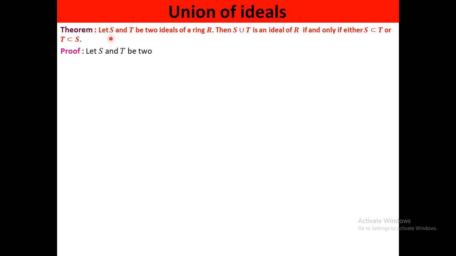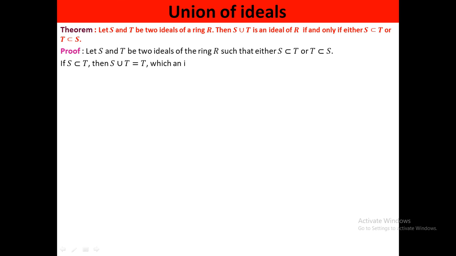Now I will give the whole proof of the theorem on one page. The theorem states that if S and T are two ideals of A, then S union T is an ideal if and only if either S is a subset of T or T is a subset of S. In the first part, we consider S and T to be two ideals of the ring such that either S is a subset of T or T is a subset of S. If S is a subset of T, then S union T will be T, which is an ideal.